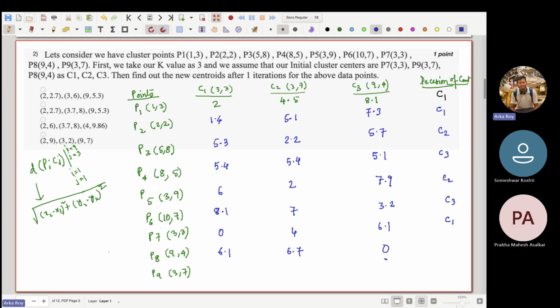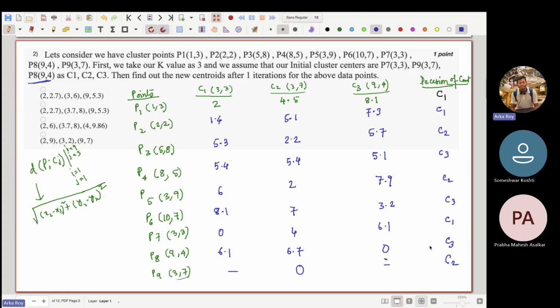P8 has been given as a cluster centroid too, so it belongs to C3. And then we have P9 (3,7), so again it should be 0. The rest of the cases we can leave, because this would not make any changes, since P9 is already a cluster centroid. Therefore, it is C2.